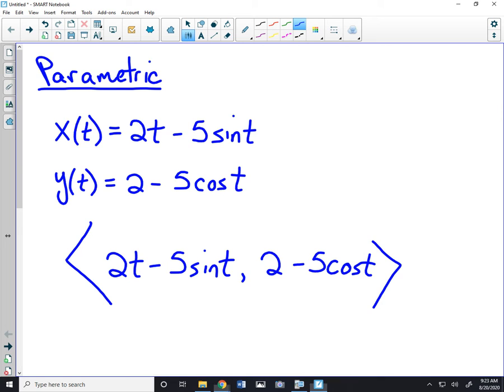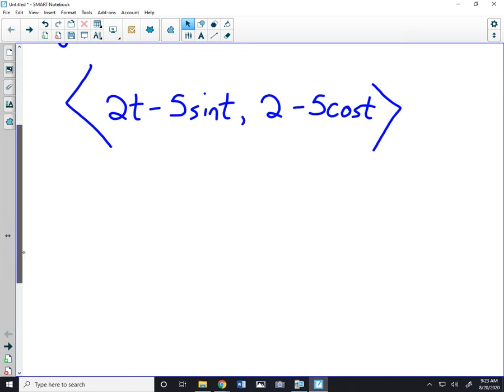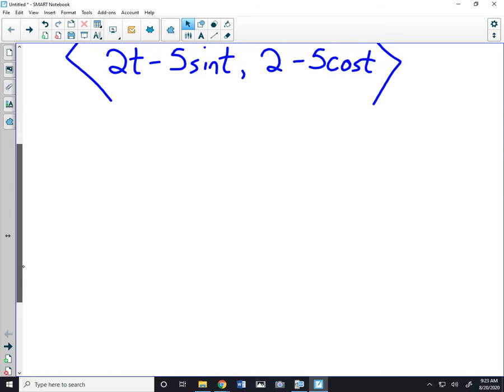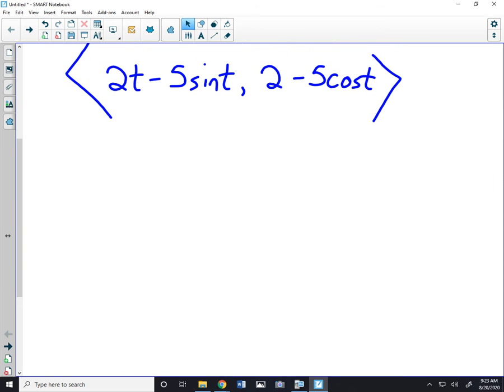Well, what happens when we want a velocity? Now we got a question. I better keep it so I can see it right here. The velocity vector, I put a little arrow for that. Guess what it will be? Well, if this is position up here, then velocity has got to be the derivative.